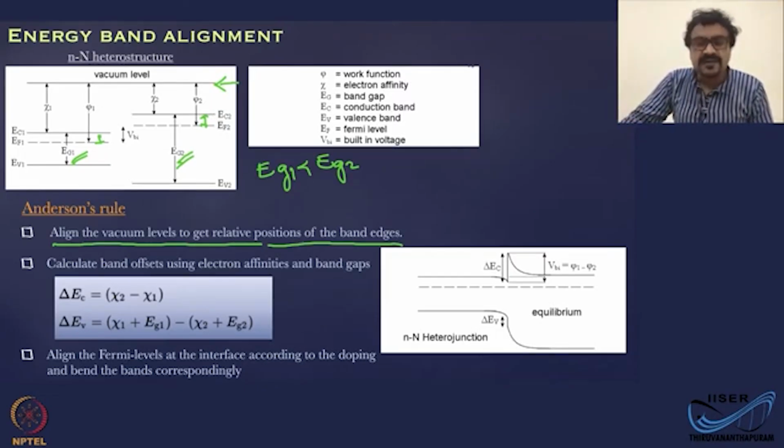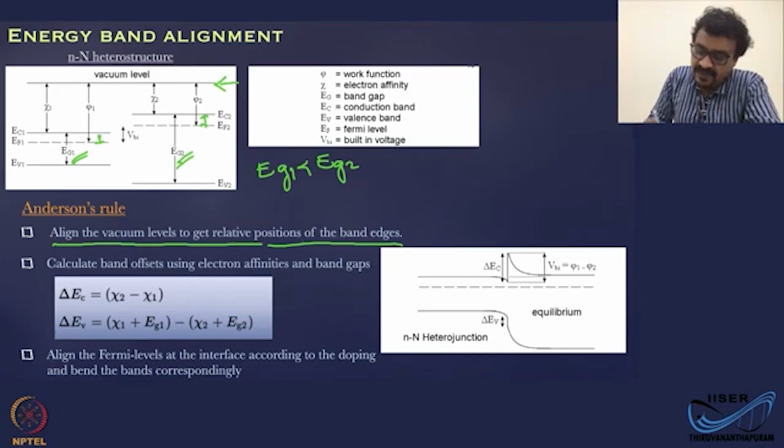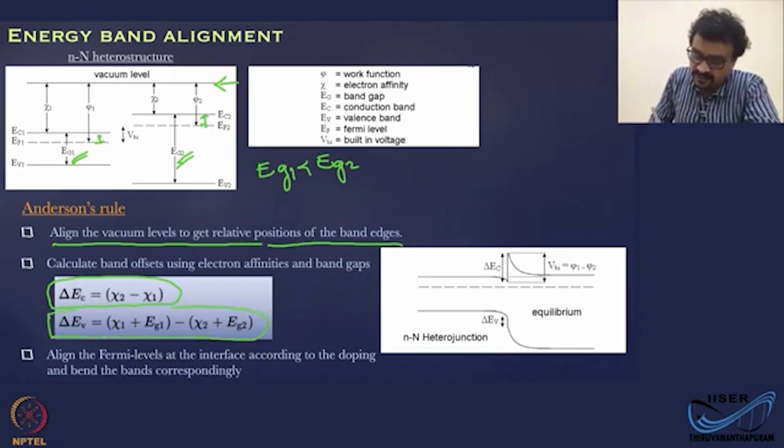Then the band offsets at the interface you can calculate using the electron affinities and the band gap. For example, the conduction band discontinuity at the interface, delta EC, is basically the difference between two electron affinities, and for the valence band discontinuity, in this case, you also need to consider the band gap differences too.